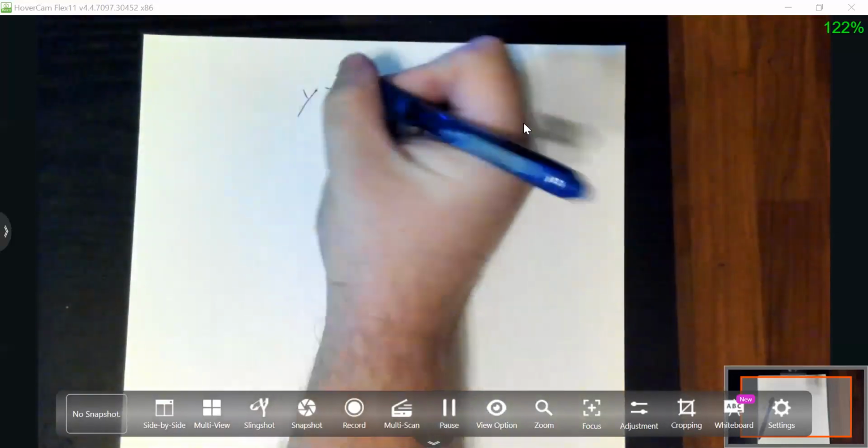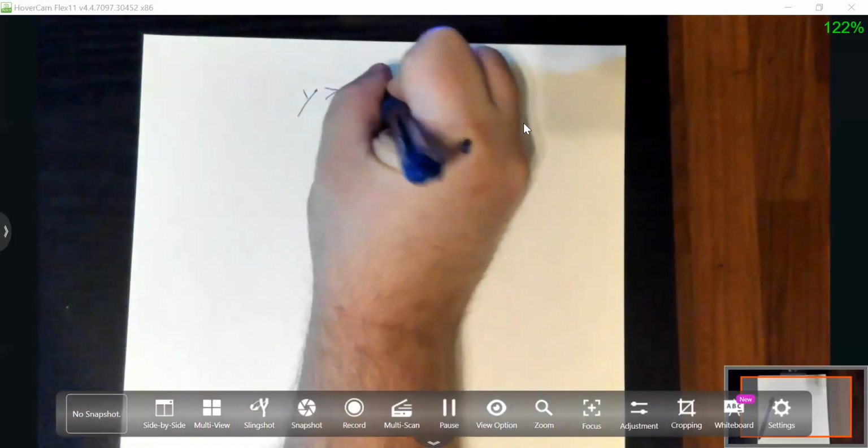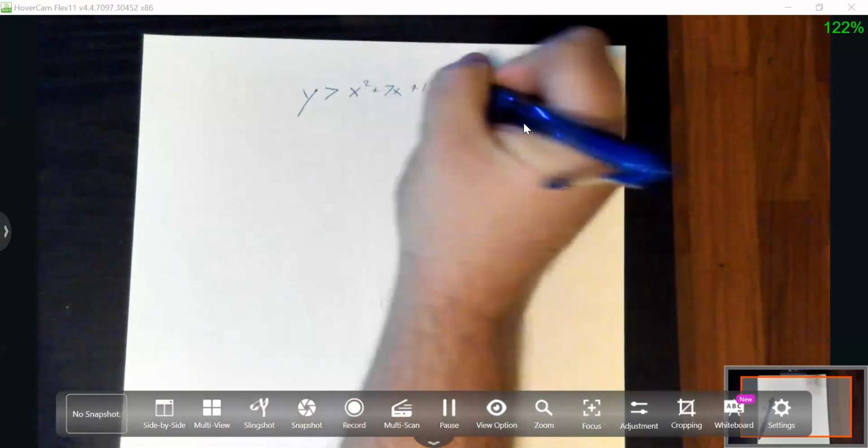Let's try another one, just so you can have a couple examples to look at. Okay, how about y is greater than x squared plus 7x plus 12.